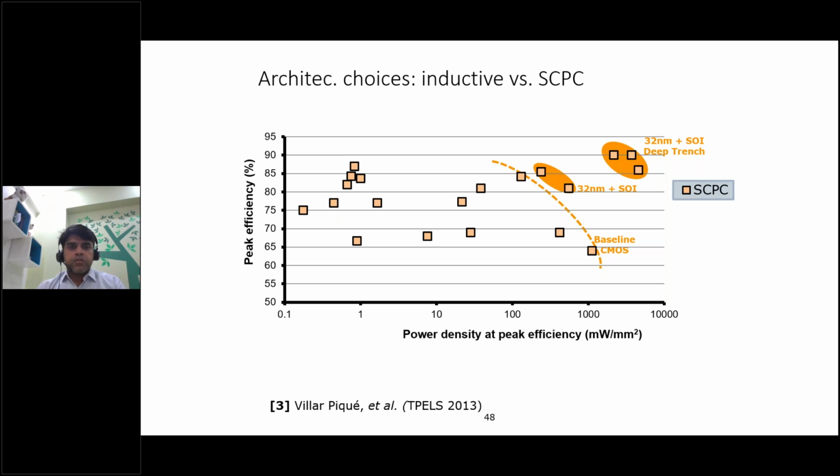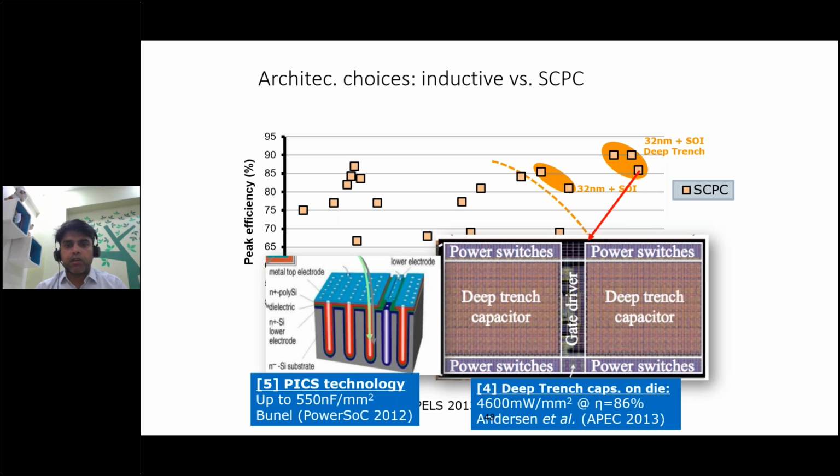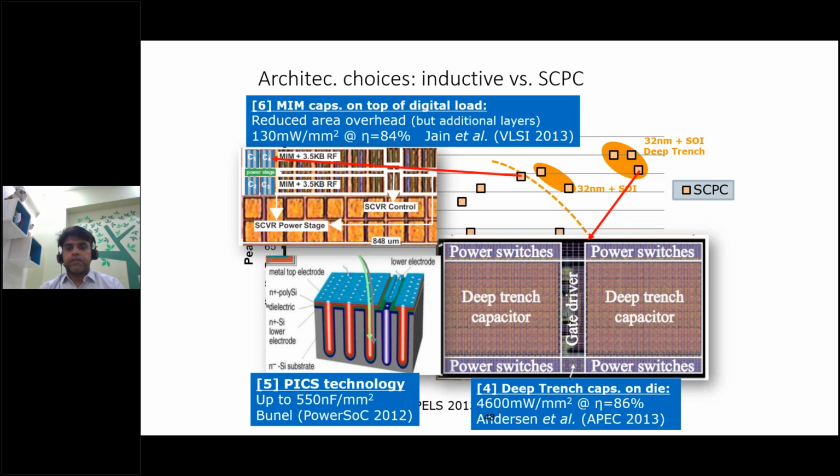So this chart shows one of the parameters where you can look at how the boundaries are being pushed. It's a combination of everything, and you can see in the next slide what kind of solid state technologies are enabling this.